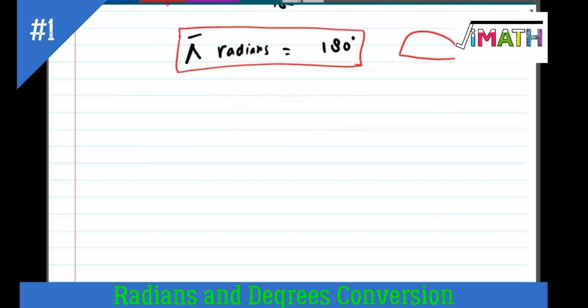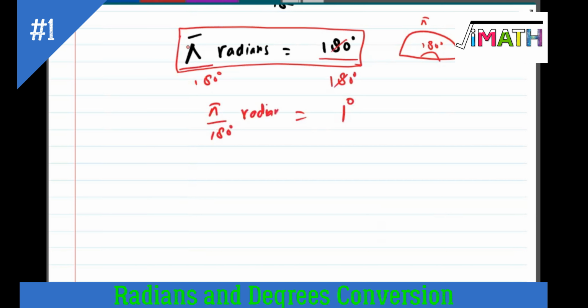One semicircle equals 180 degrees and pi radians. So these two things are equal to each other. And now we want to convert these things. What you do is divide both sides by 180. So this becomes 1 degree, and this becomes pi over 180 radians.